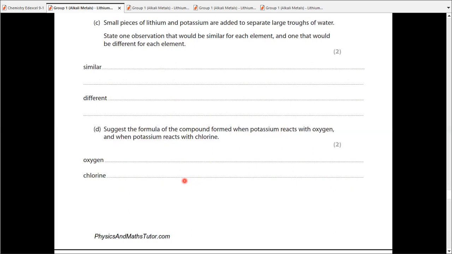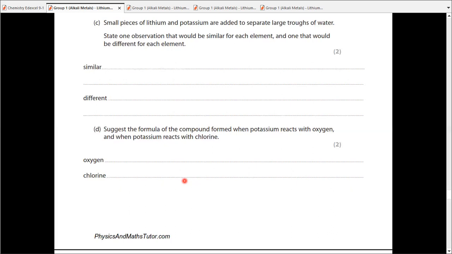There's similar that both of them float in water. Right. Both of them float in water. Apart from that, both of them will show bubbling or produce a gas in terms of effervescence, bubbling, fizzing.